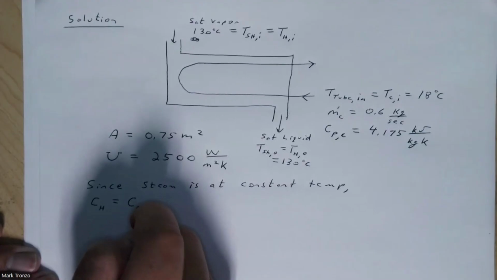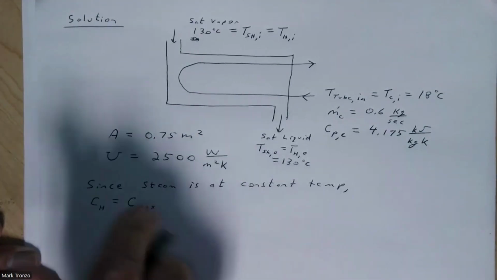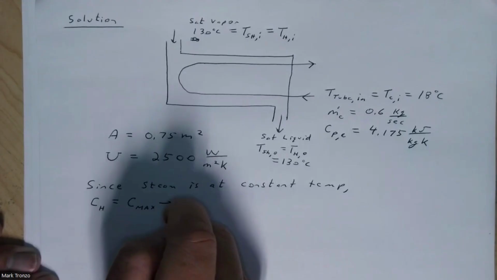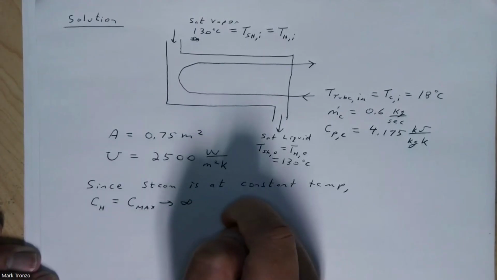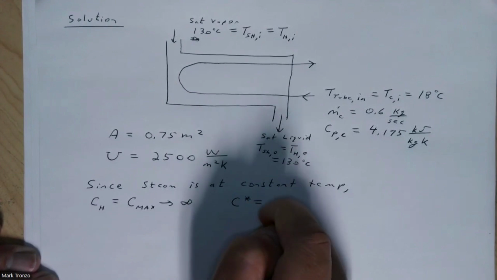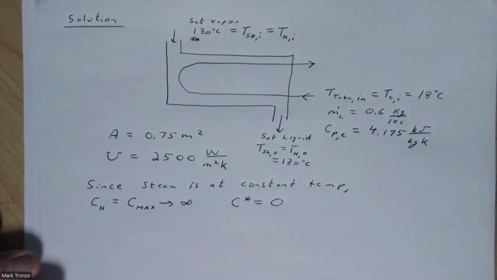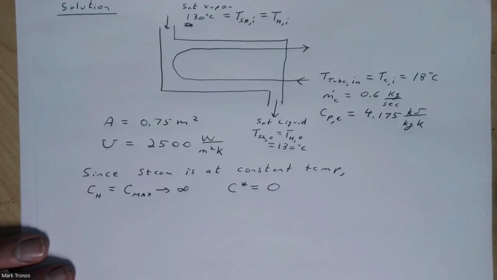Again, we said if it's ever at constant temperature, it's going to be C max, and also it's going to approach infinity. And also your C star is going to be equal to 0. We know those ahead of time.